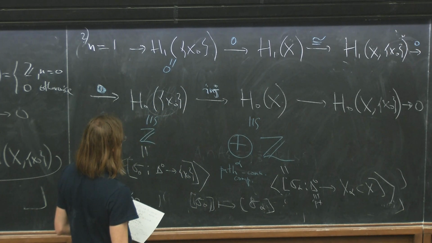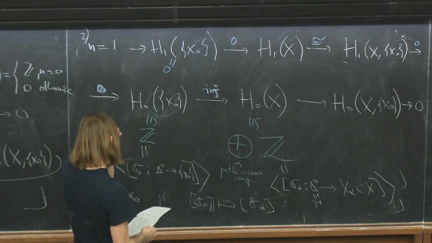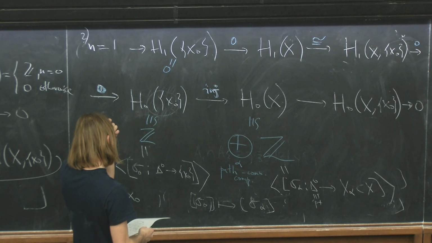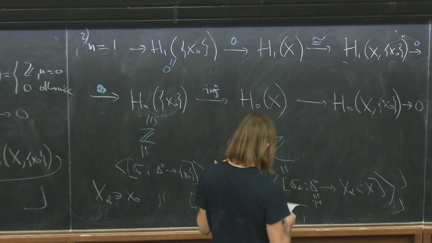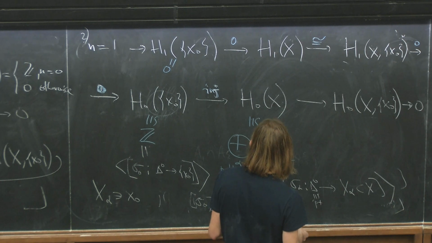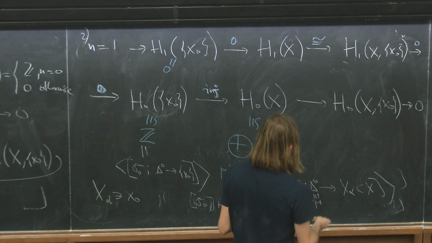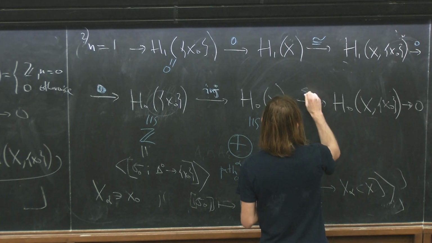Okay, so this map is 0. This tells us that this must be surjective.